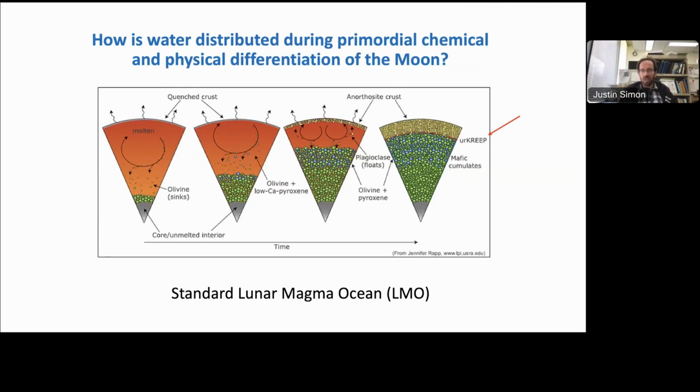And you get this sort of sandwich situation where you potentially concentrate at least some of the incompatible elements into this KREEP zone. This is a model, but it's a useful model. So again, this is where the incompatible bits are in the Moon, at least according to this model.